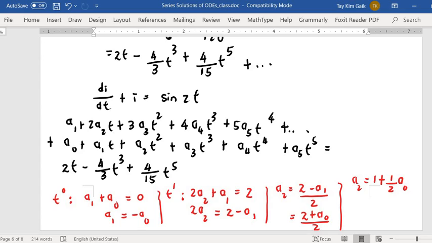For first order, you solve A1, A2, A3, A4 in terms of A naught. If you got second order, you will solve starting from A2 onwards in terms of A naught and A1. With this, thank you for your attention.